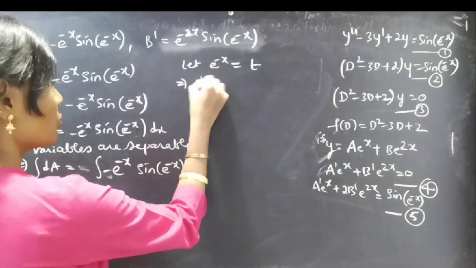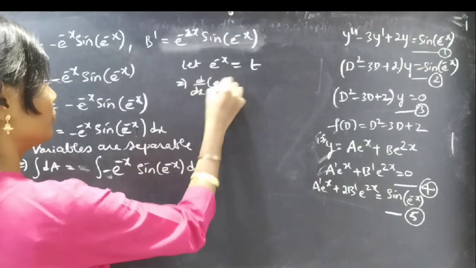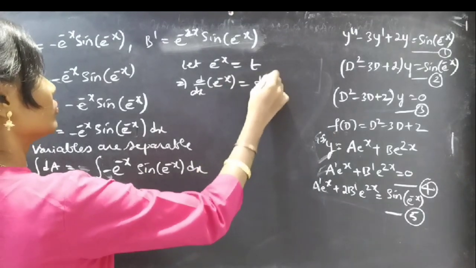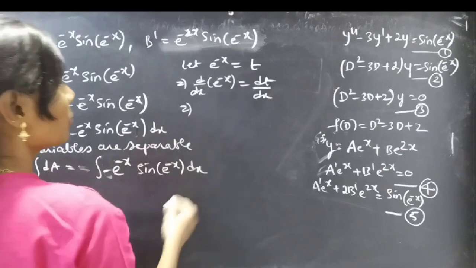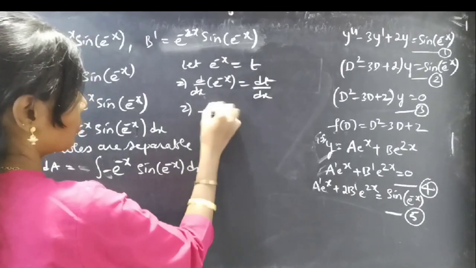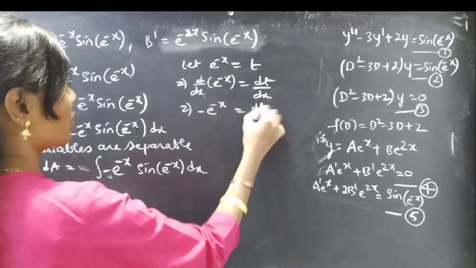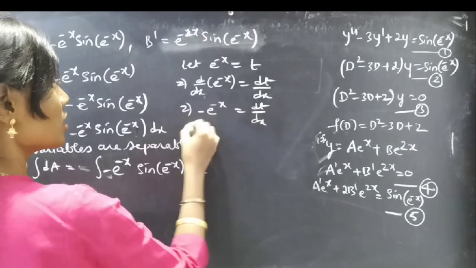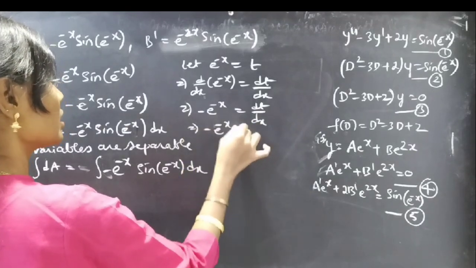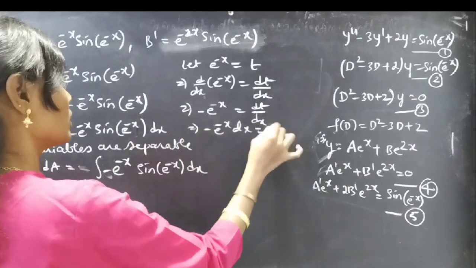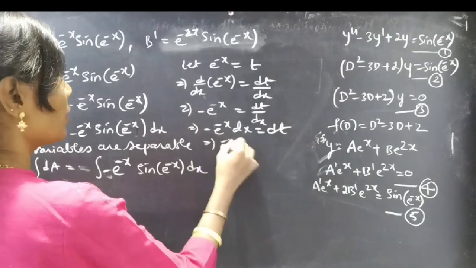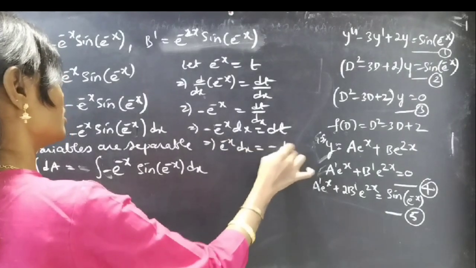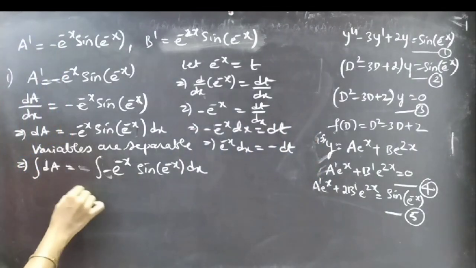Now differentiate on both sides with respect to x. Then we'll get the derivative of e power minus x with respect to x, which is minus e power minus x, equal to dt by dx. Now bring this differential dx to the LHS, we'll get minus e power minus x into dx equal to dt. Or you can replace e power minus x dx by minus dt also, right?